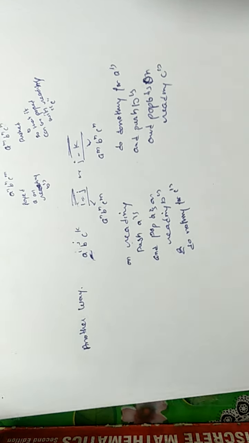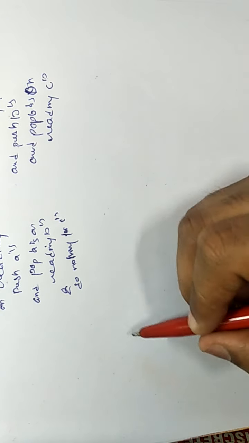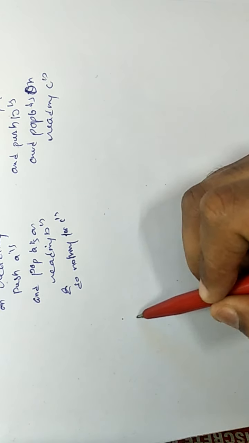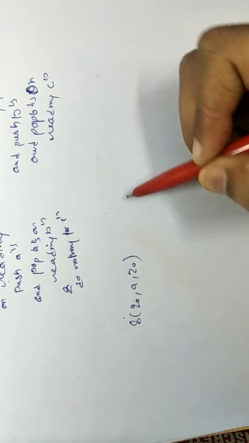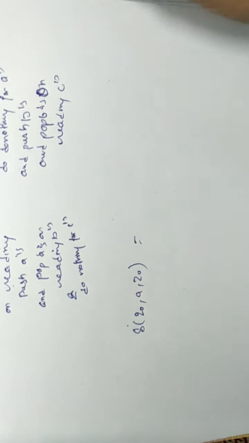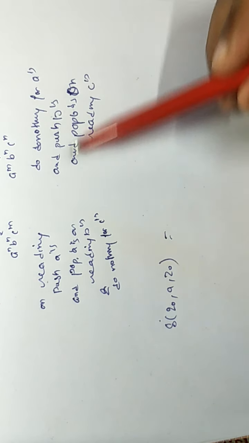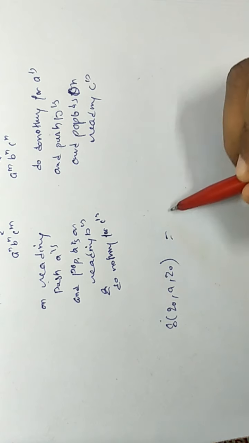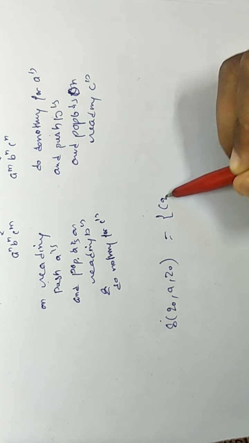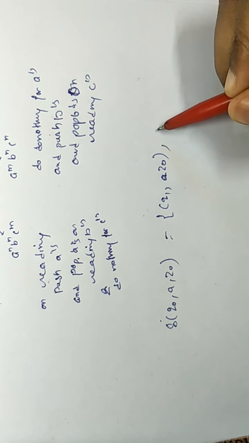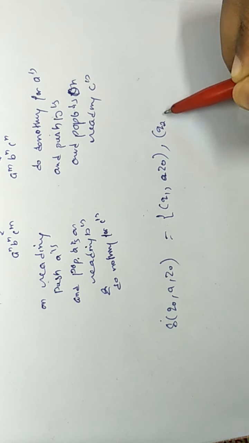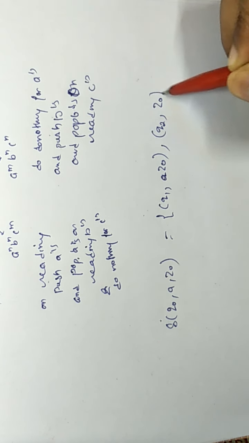So the PDA can be designed as follows. I am reading the first a, and here either I push it or I do nothing, so I have two choices. I go to q1 and push a, or I go to q2 and do nothing.